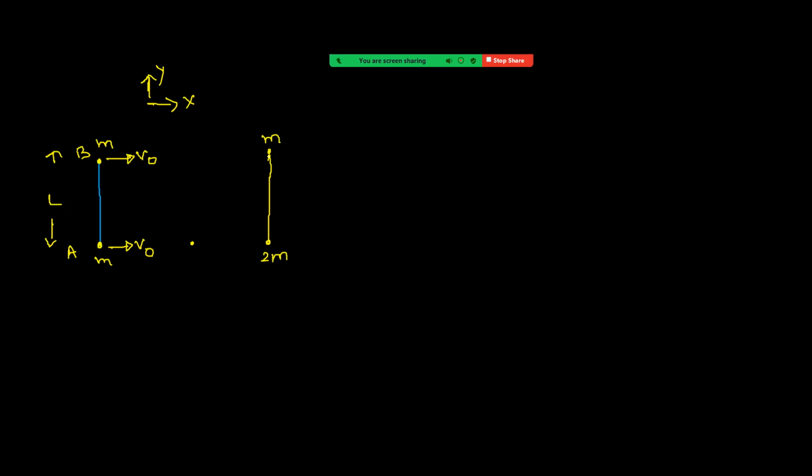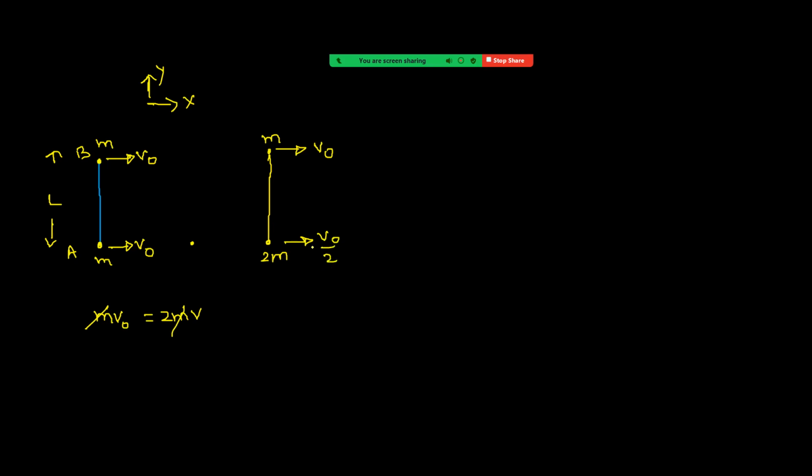That means for B there is no change in momentum along the x-axis, so even after collision for B the velocity V naught remains the same. But coming to this one, writing the momentum equation: m V naught is equal to 2m into V. Then V is V naught by 2.